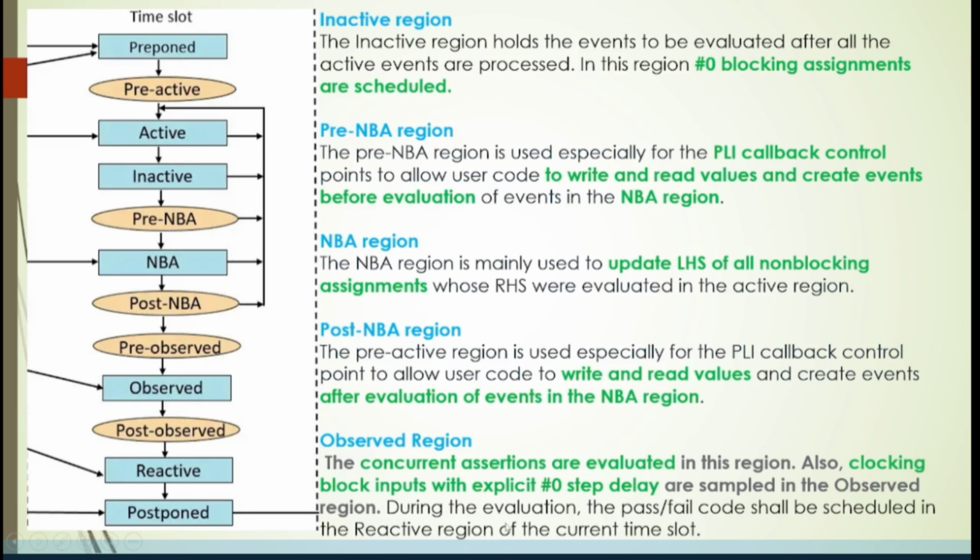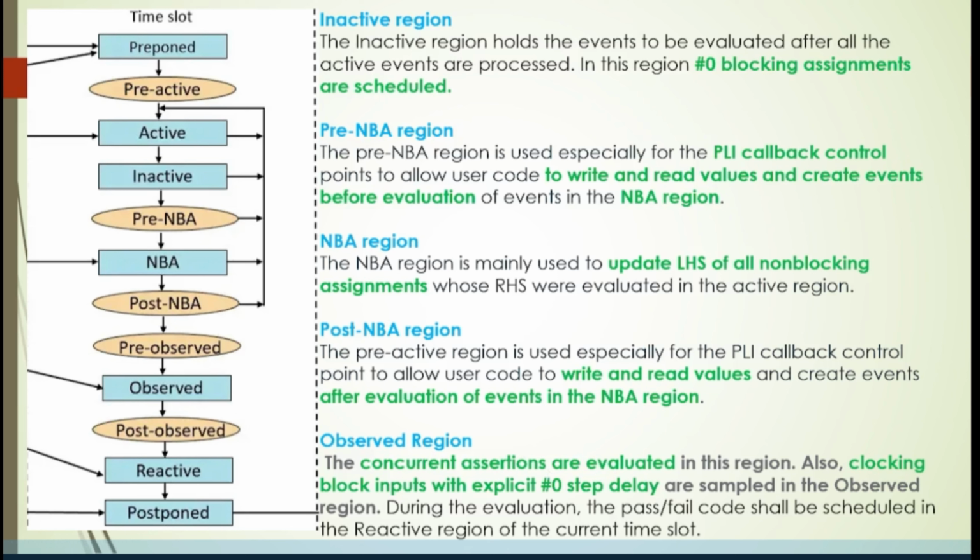During the evaluation, the pass or fail code shall be scheduled in the reactive region of the current time slot. Because assertions mean you need to know whether the assertion has passed or failed.